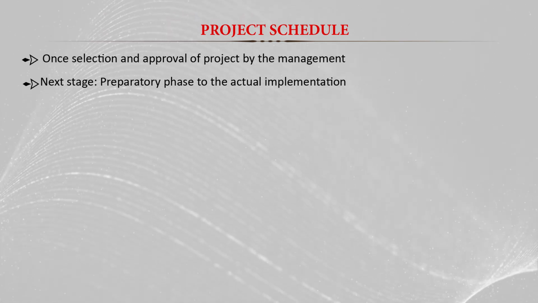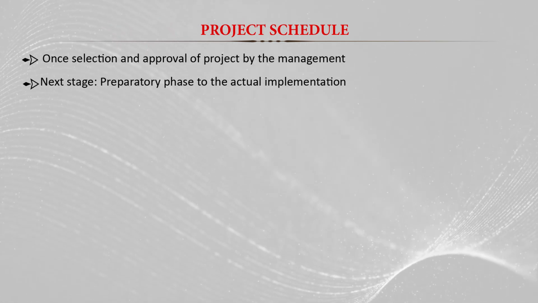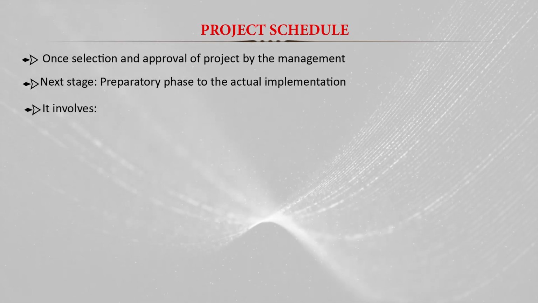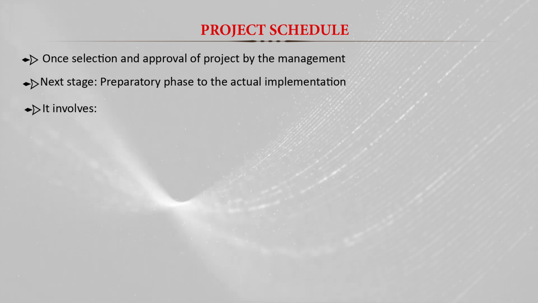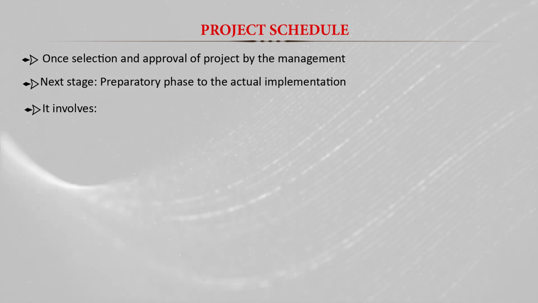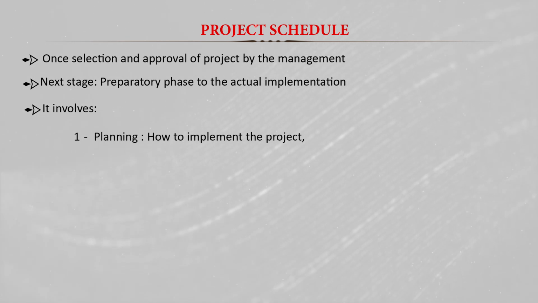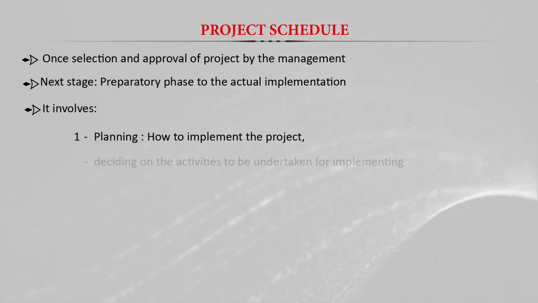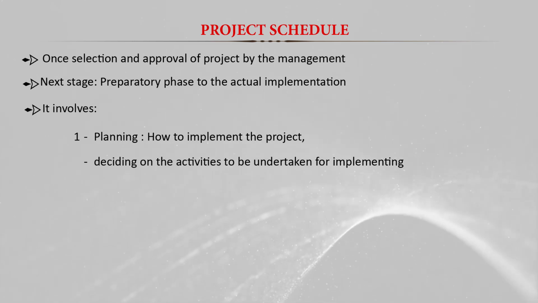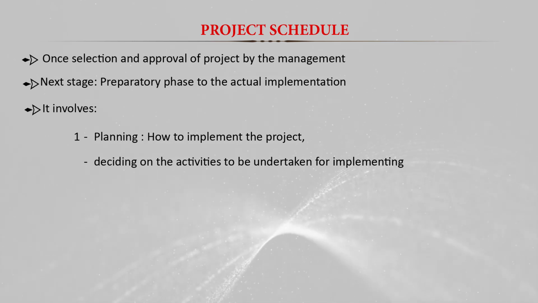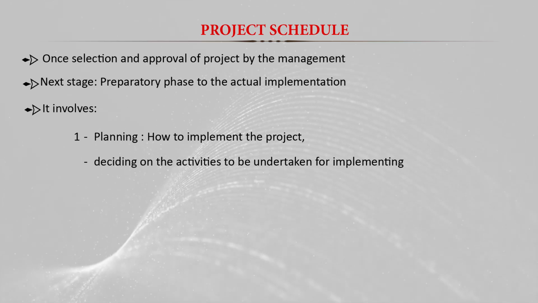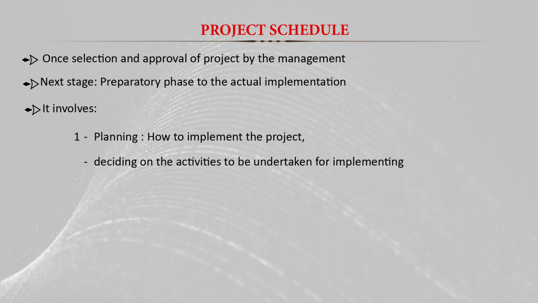Before implementation we do some preparatory work, and in the preparatory work basically two activities are done. One is planning, another is scheduling. In planning, we decide how we will be implementing the project, what the different activities to be undertaken are.